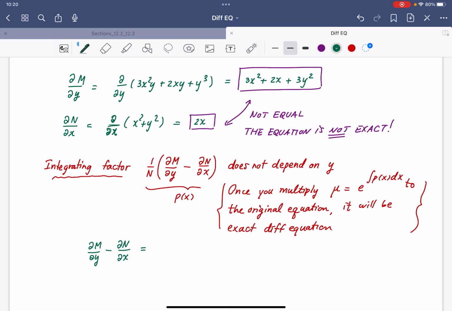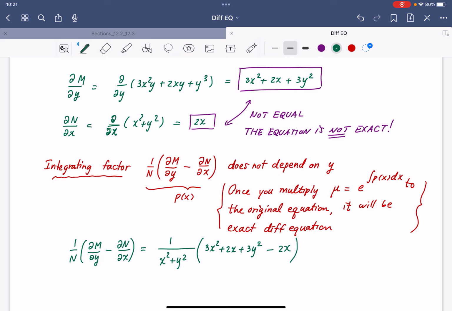Okay, let's keep going. We're gonna do 1 over n, which is 1 over x squared plus y squared, and then differentiate m with respect to y, which is 3x squared plus 2x plus 3y squared, and then you minus 2x.